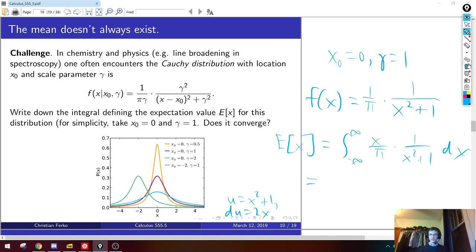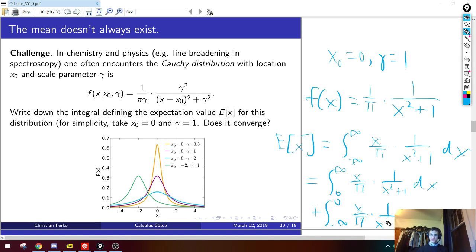Yeah, let's break this into pieces before I confuse myself. So this should be the integral from 0 to infinity of x over pi times 1 over x squared plus 1 dx. And then let's do the two integrals separately because we don't want to get this weird thing where the two endpoints kind of collapse to one point.